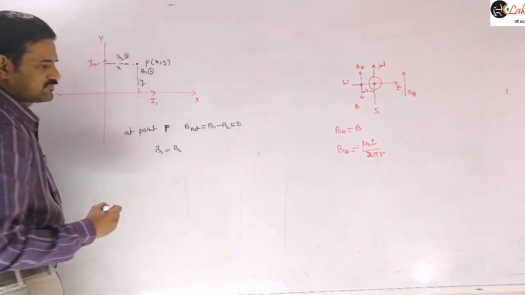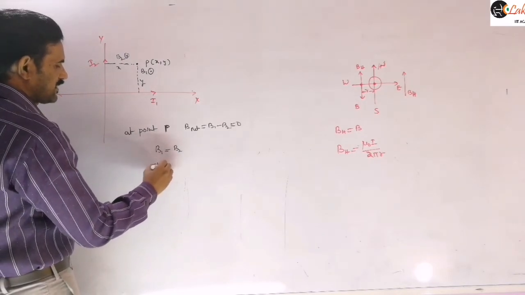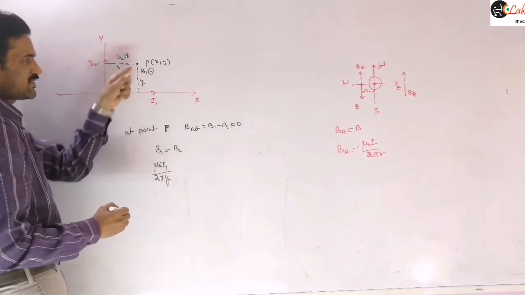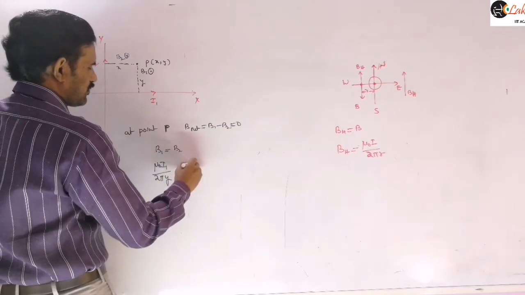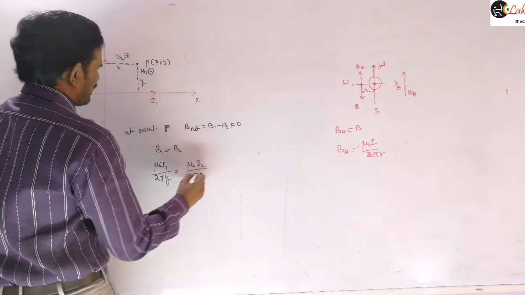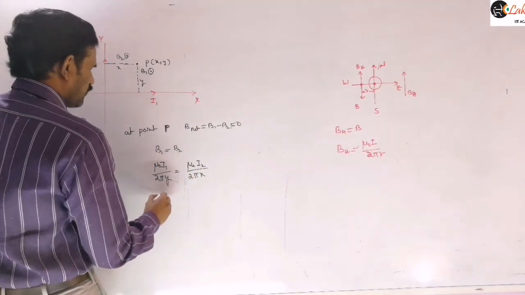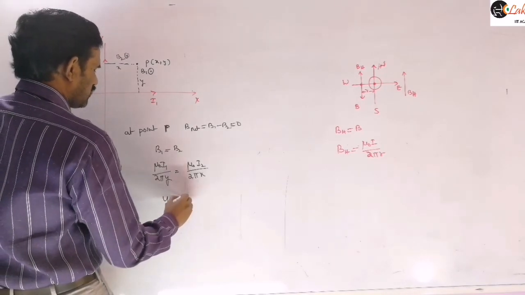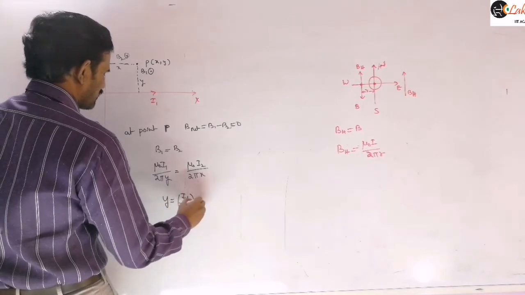B1 is mu naught I1 by 2 pi y, since this point is at a distance y from the x-axis. This is equal to mu naught I2 by 2 pi x, since it is at a distance x from this conductor, right? Therefore, y is equal to I1 by I2 into x.